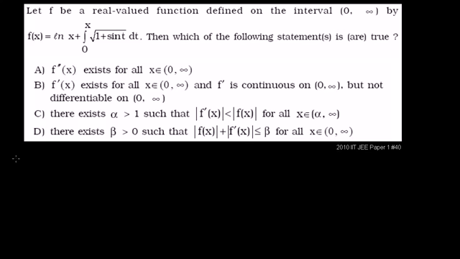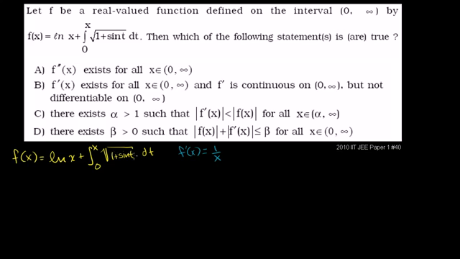So let's just write the function first. I'll rewrite it here. The function f is equal to the natural log of x plus the definite integral from 0 to x of the square root of 1 plus sine of t dt. The derivative of f, f prime of x, is going to be equal to the derivative of the first term, the derivative of natural log of x, which is 1 over x.